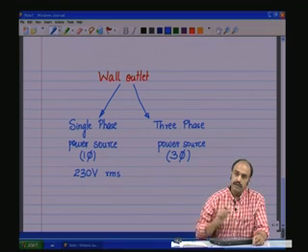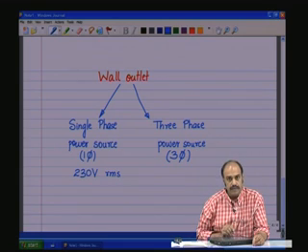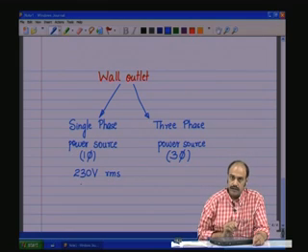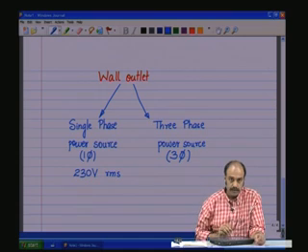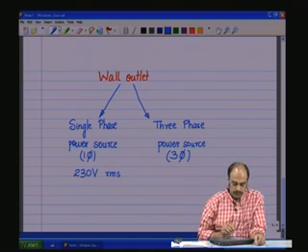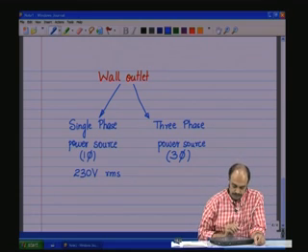So, when they say 230 volt source, the voltage value there represents the RMS, which is the root mean square value of the voltage source. We will discuss the RMS values much later, probably in a few classes from now, but for now just remember that the 230 represents root mean square value and not the peak value.